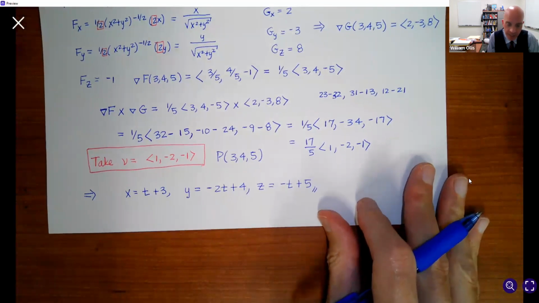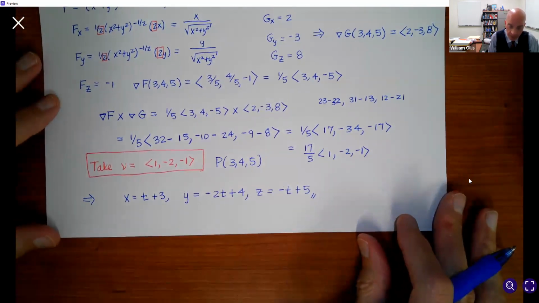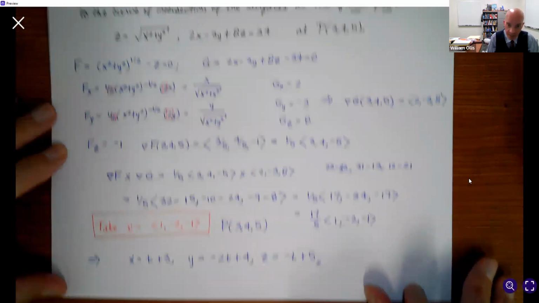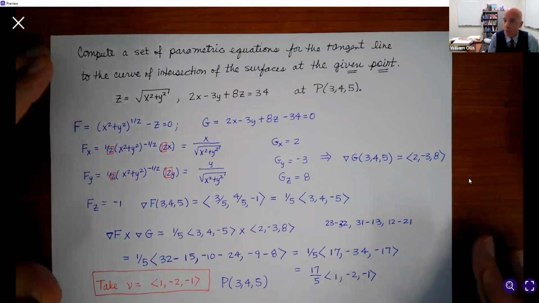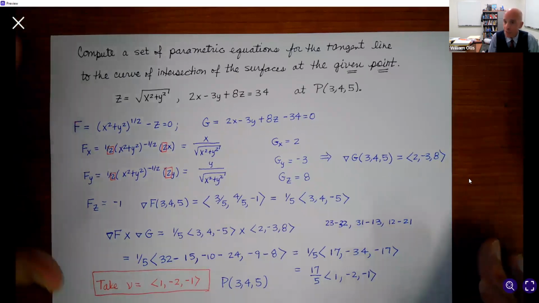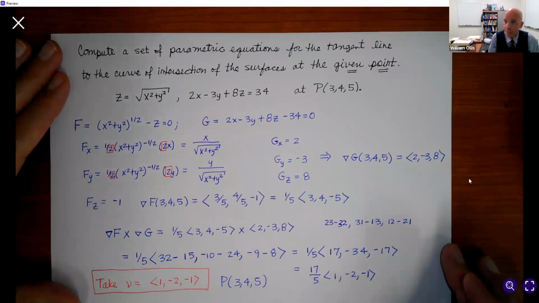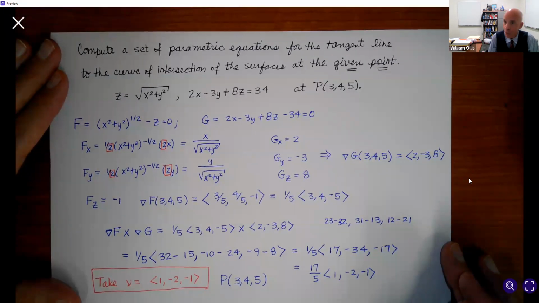So what we can see with the calculation here is that as we review, we are not tasked with computing the actual curve of intersection. We're simply interested in some calculus at a particular point.